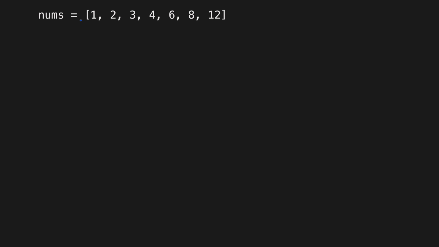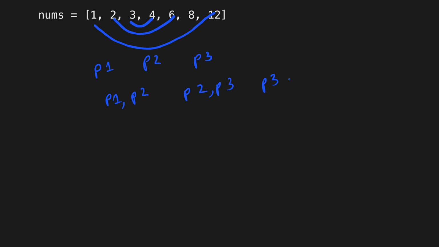We have 3 pairs resulting in the product of 12, and those are 1 and 12, 2 and 6, and 3 and 4. And now the question is, how many tuples can we form? Let's derive that. Let's denote these pairs as P1, P2, and P3. Then we can form the tuples like P1, P2, or P2, P3, or P3, P1.